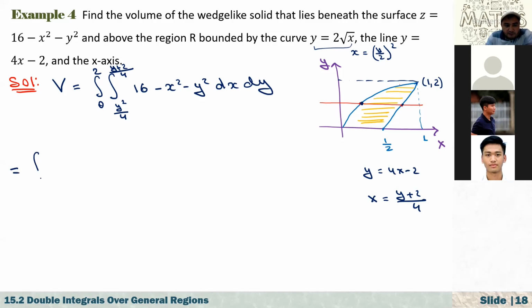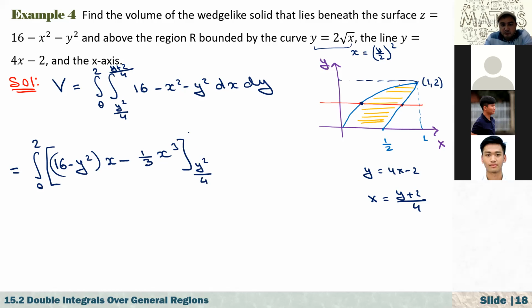Equals, here the first integral 0 to 2. So with respect to x, here we have 16 minus y squared times x, and minus x cubed over 3, with integration limits from y squared over 4 to y plus 2 over 4. And here we have dy.